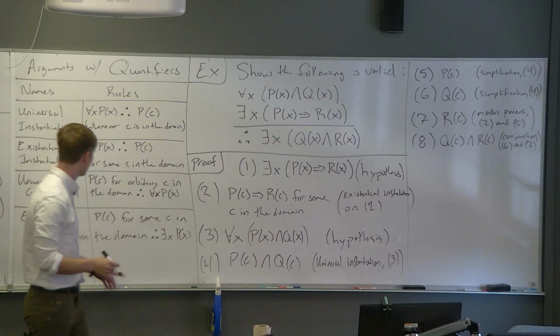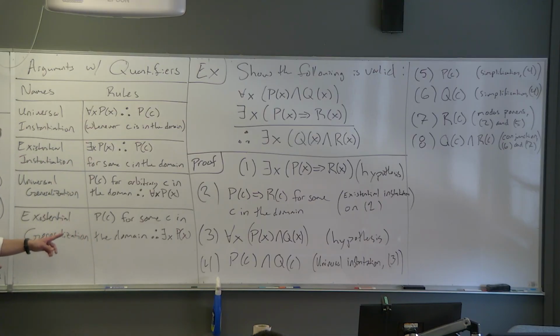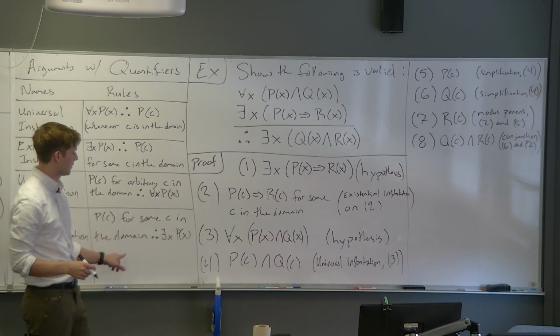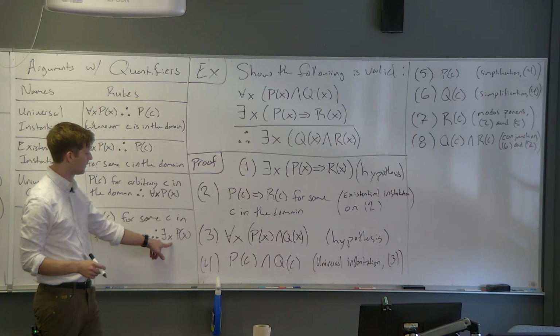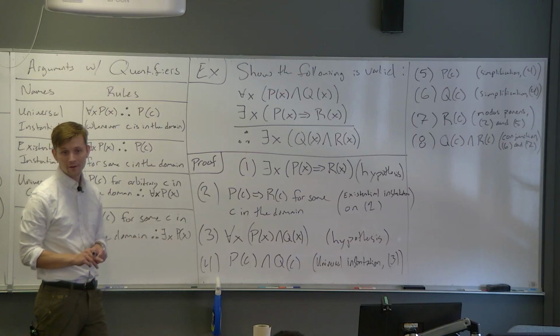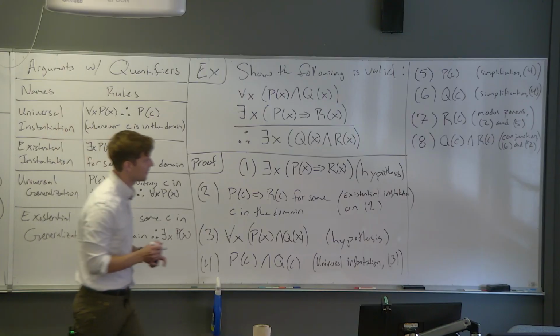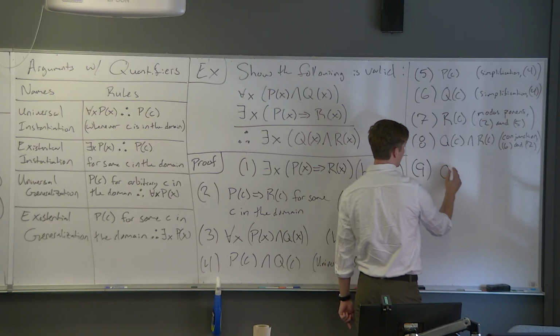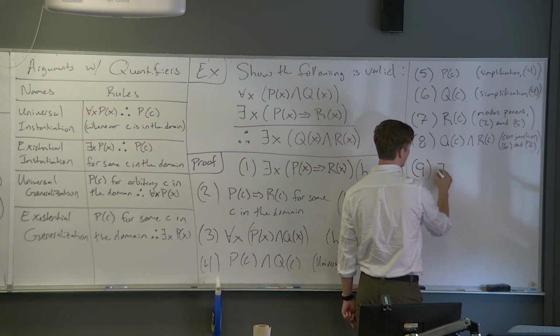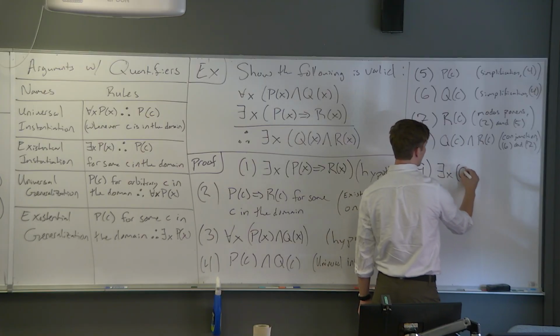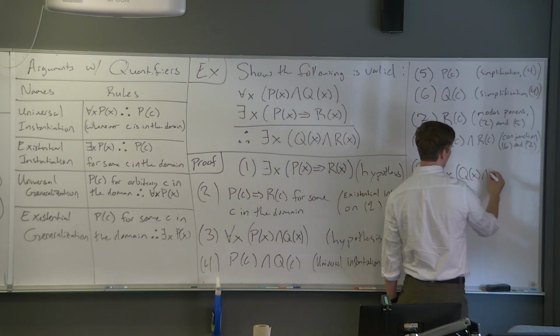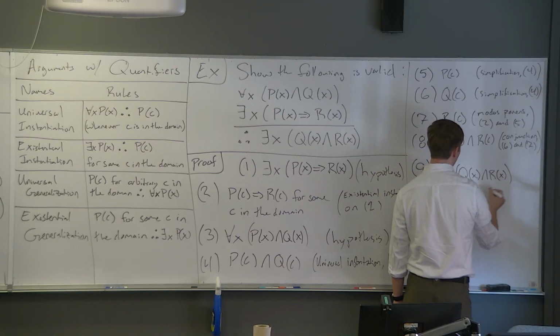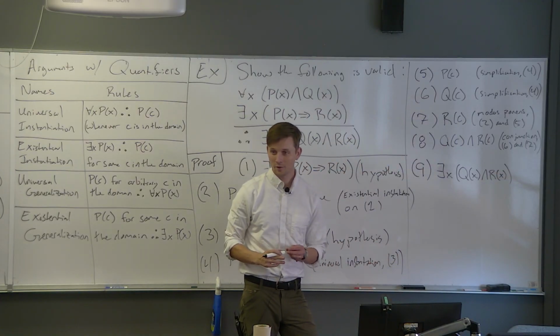Can I do something using one of these rules over here? I've got p of c for some c in the domain, so can I say that there exists an x such that p of x is true? That is, can I take 8 and turn this into the quantified statement, there exists x such that q of x and r of x? Does that seem reasonable?